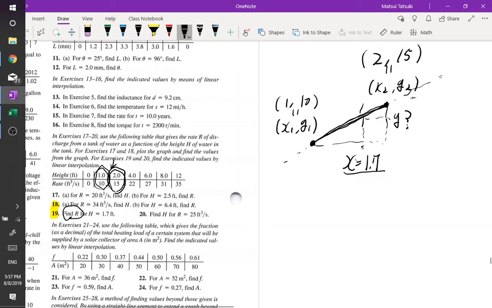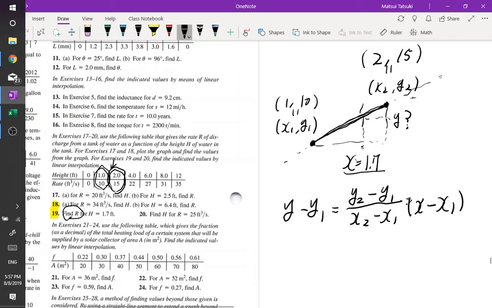Well, if you recall, the linear function that connects 2 points, x1, y1, and x2, y2, is given by this formula: y minus y1 equals y2 minus y1 over x2 minus x1, multiplied by x minus x1.